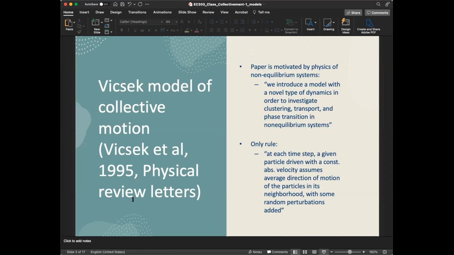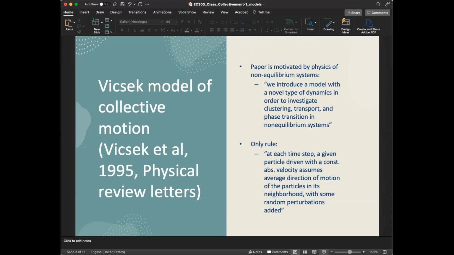In this model, they assume just a single rule, which is that at each time step, a given particle driven with a constant absolute velocity assumes the average direction of motion of particles in its neighborhood. Okay, so this assumes a very simple rule.